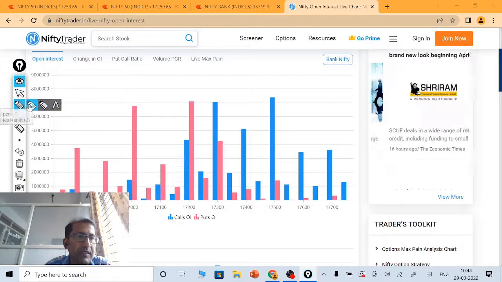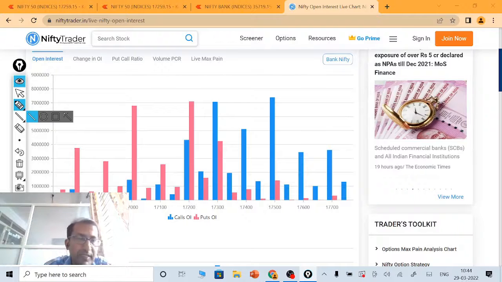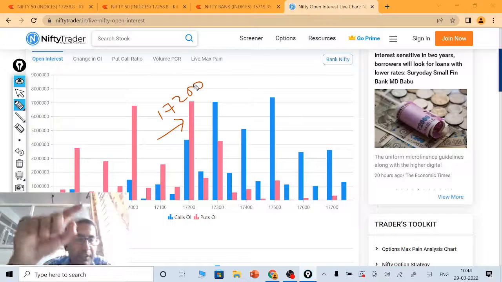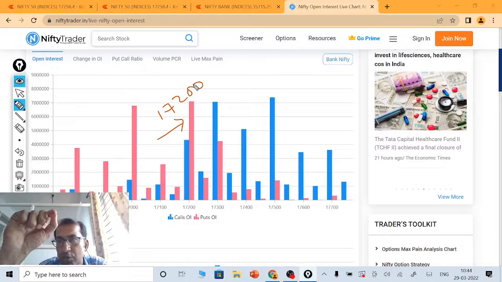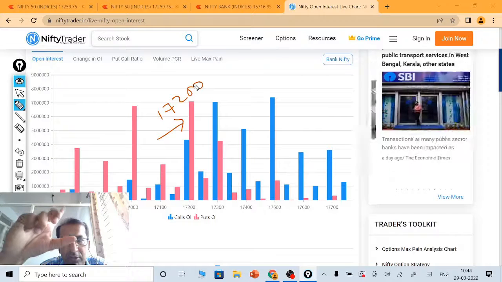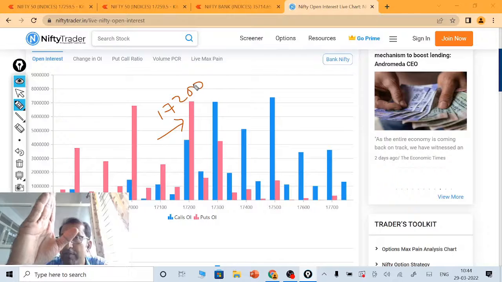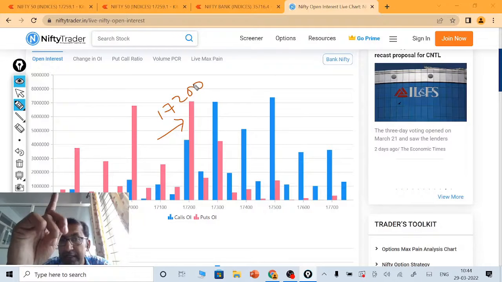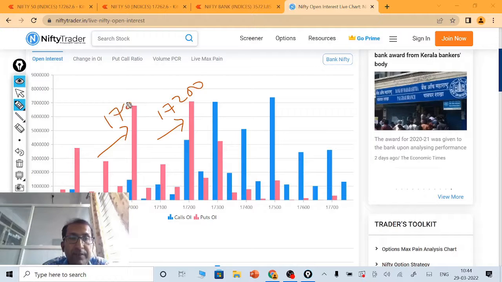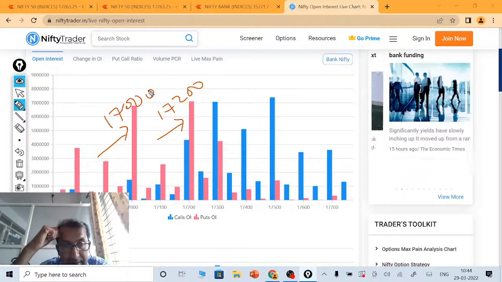The highest put build up is at around 17,200. It means 17,200 is going to be a major support. The market is around 17,250 levels, so that support is going to be a major support. If that breaks, the next support is at around 17,000 only. So there can be a 200 to 250 points fall from there.